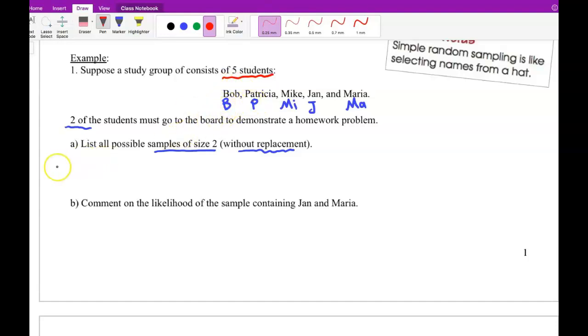So I'm choosing the first one, B, or Bob, then Patricia, P. Choosing these two students is one possible sample. The others: BP, BMI, BJ, BMA. Listing all these.